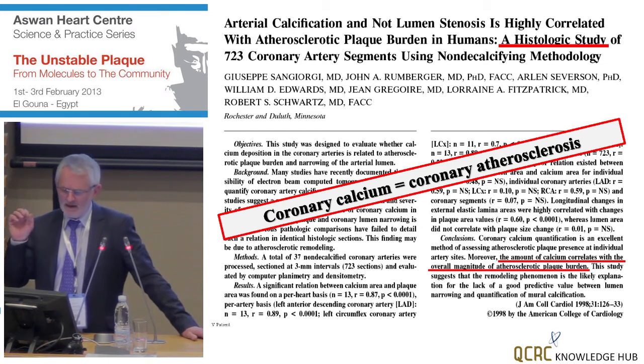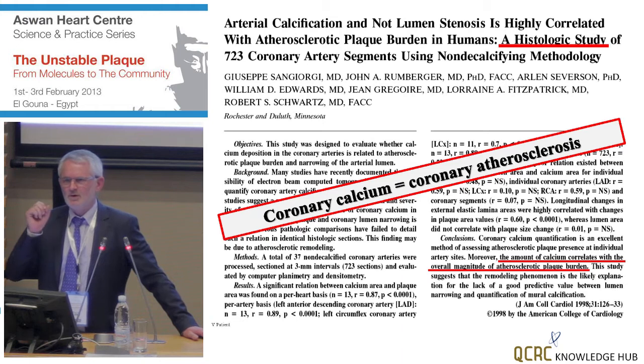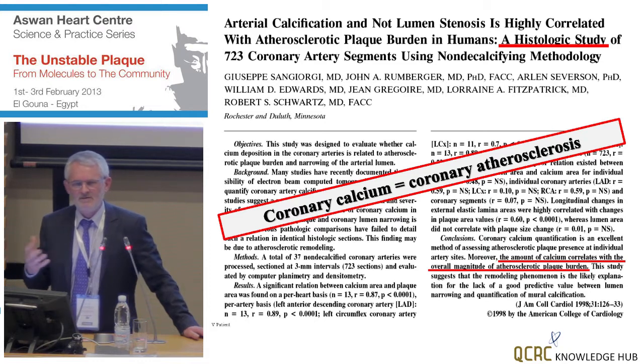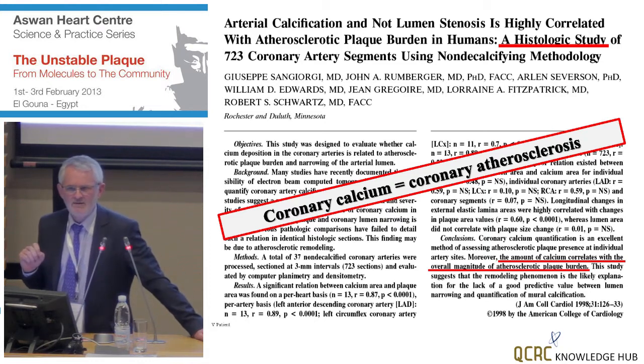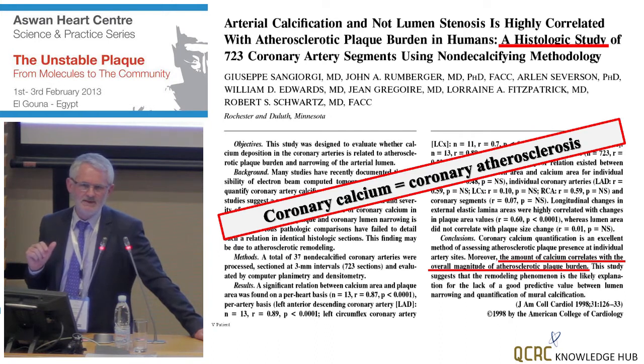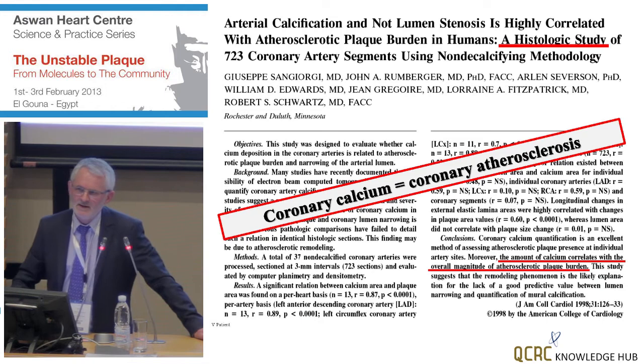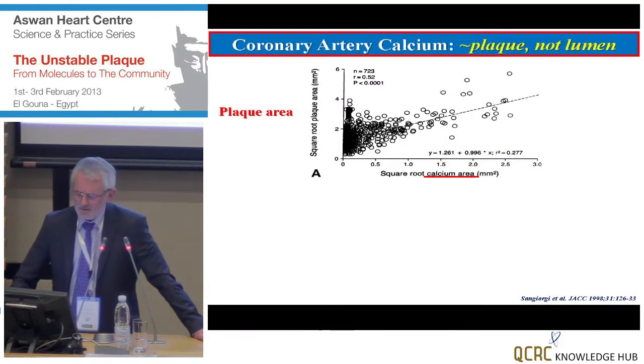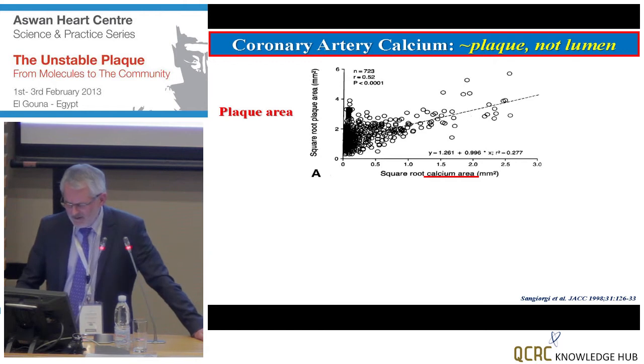And in fact, in the coronary artery, calcium is pathognomonic for atherosclerosis. You don't see Mönckeberg's medial calcification unless you have severe chronic renal failure and often also diabetes. Otherwise, calcification in the coronary artery is pathognomonic for atherosclerosis. And in this study, the amount of calcium correlated with plaque area or plaque burden, but there was no good correlation between the amount of calcium and luminal narrowing.